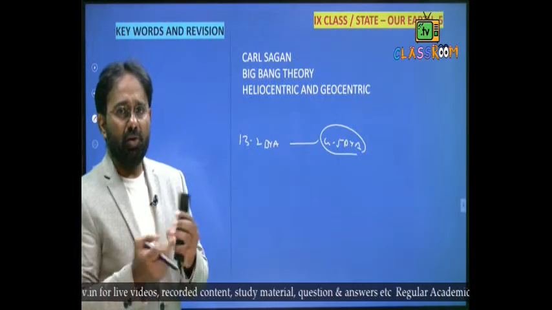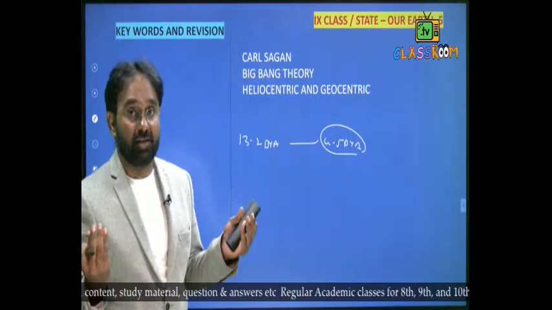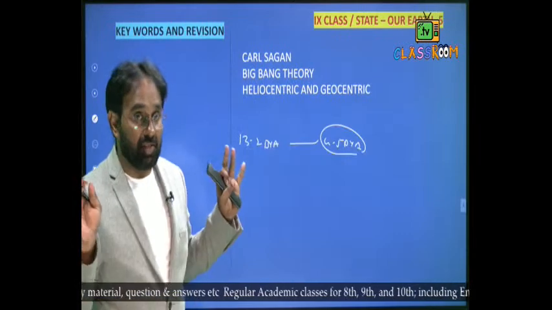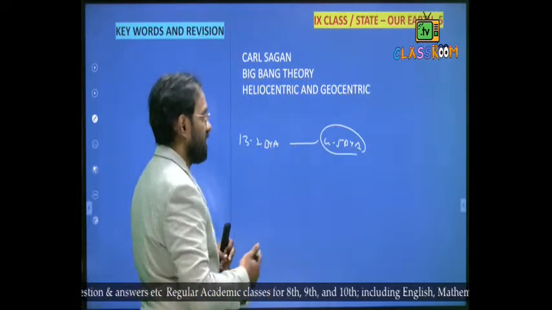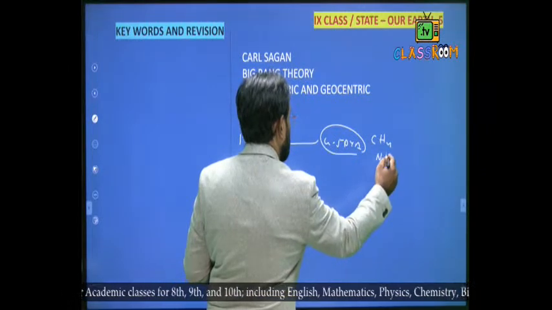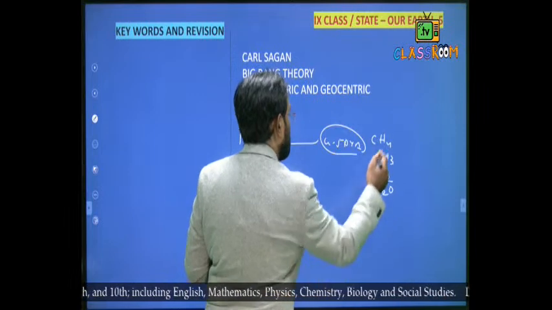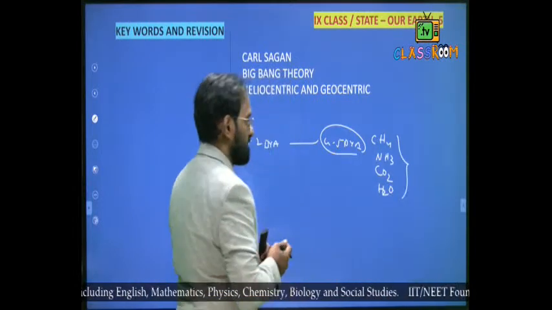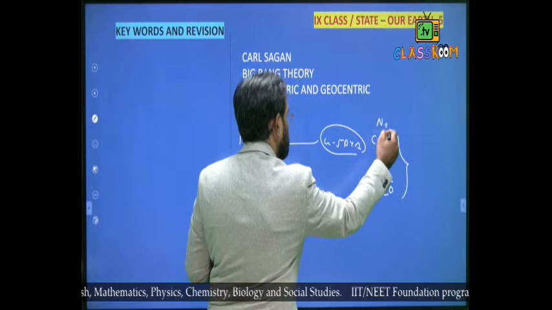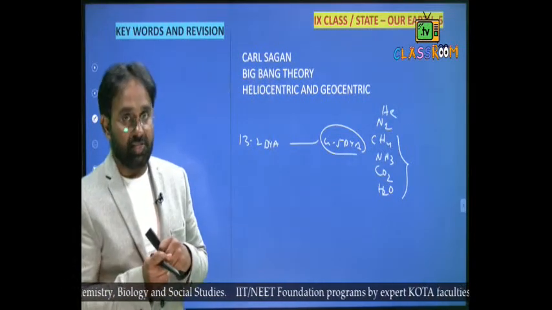Without oxygen how can life exist? Everything except oxygen was there on the earth. That means most of the other gases like methane, ammonia, carbon dioxide, water vapor, nitrogen, helium, many such gases were there except oxygen.